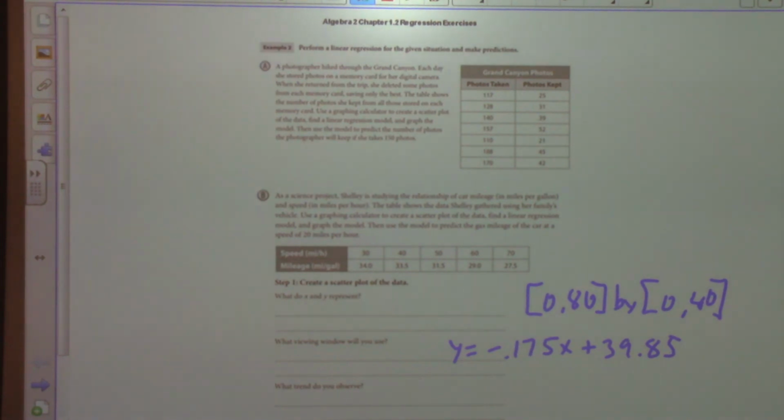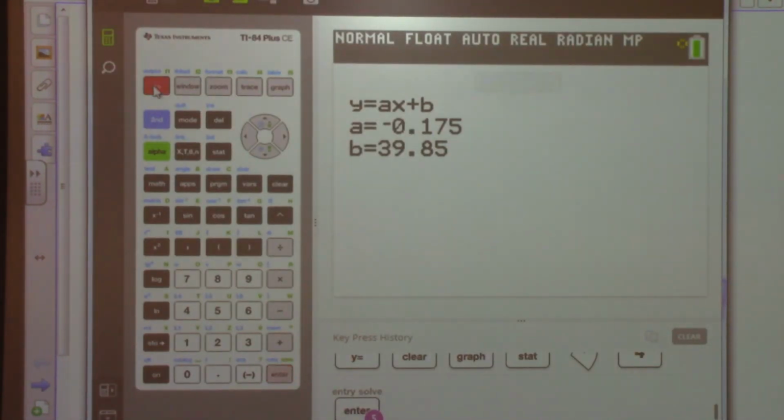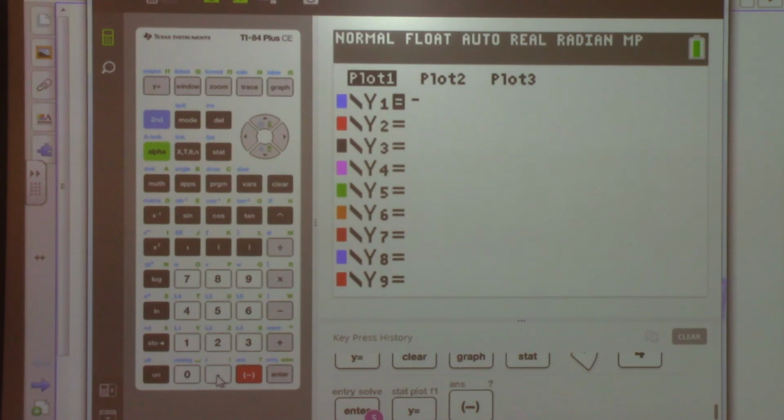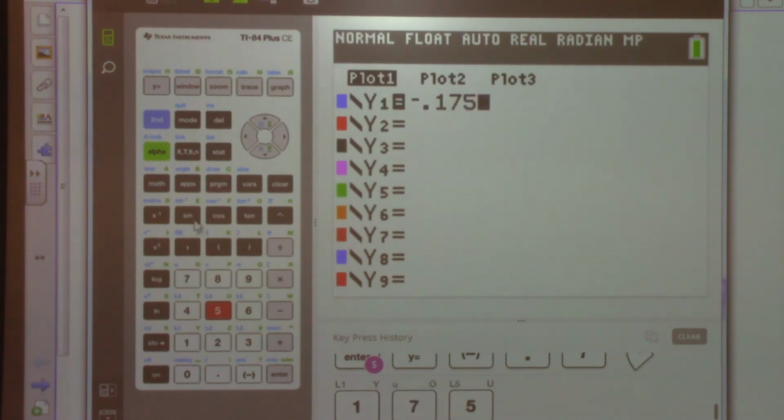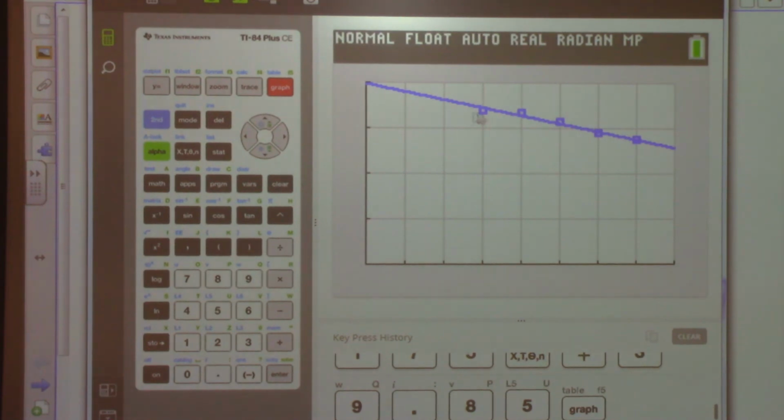Okay, so now we can go to the calculator. Negative .175x. So we graph. What kind of correlation is this? Negative, right? And we're interested in 20 miles per hour, is that it?